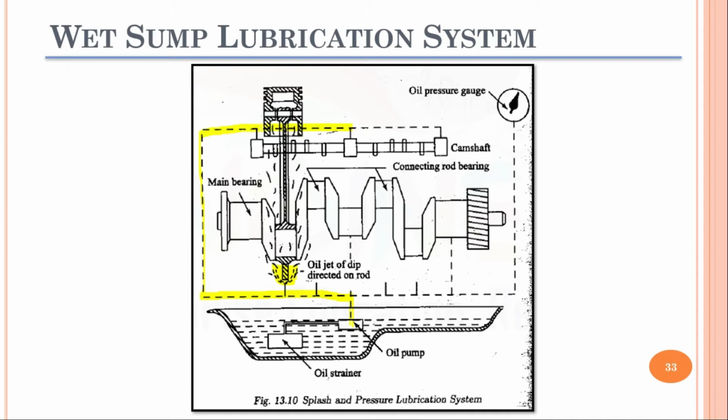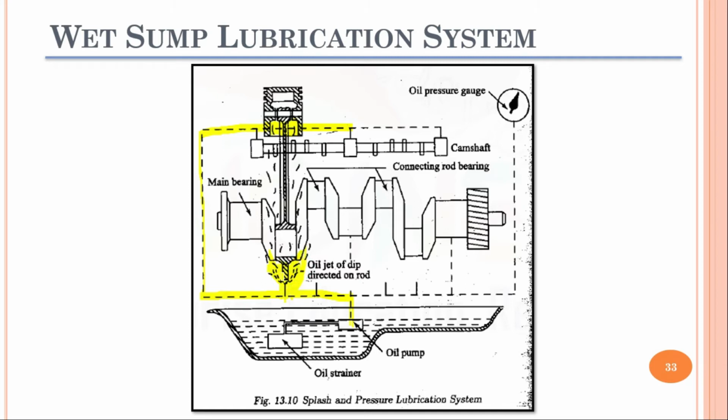So for example, the lubrication oil comes here and then it is being sprayed here for the lubrication. Similarly, in the bottom you can see there is a passage, it is coming, and then it is spraying the lubrication oil here for the purpose of lubrication.